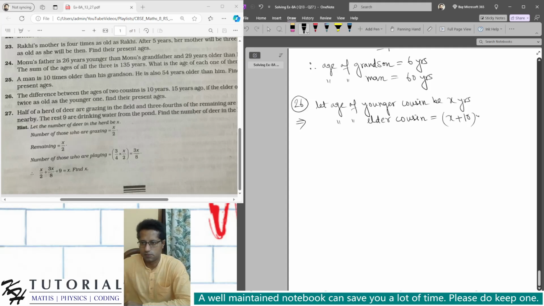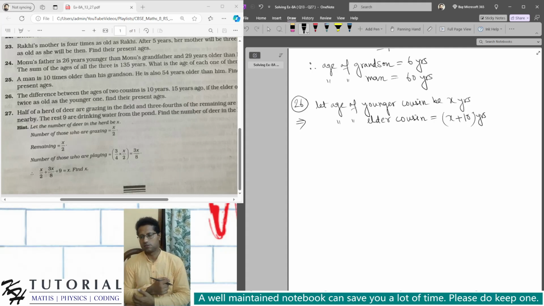x plus 10 years, because it is given that the difference between the elder cousin and the younger cousin is 10 years. So if the age of the younger cousin is x years, the age of the elder cousin has to be x plus 10 years. So these are their present ages.